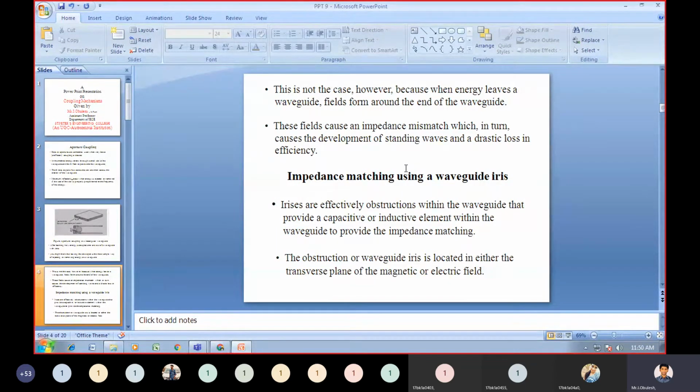These obstructions, the waveguide irises, are located in either the transverse plane of the magnetic or electric fields.